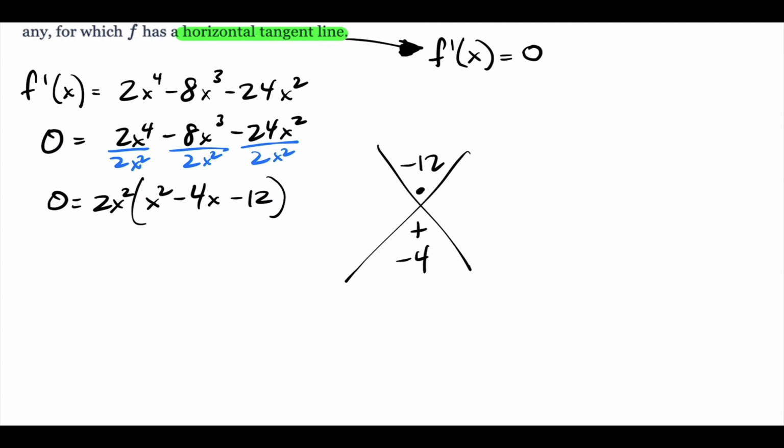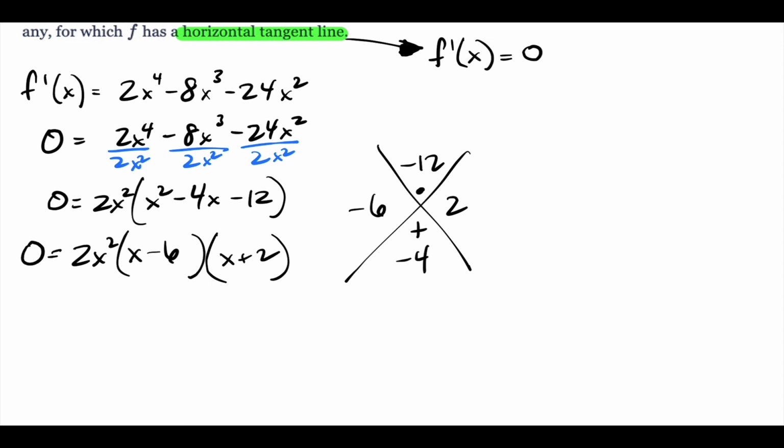You're looking for 2 numbers that multiply to -12 and add to -4. Let's see, what would that be? 6 and 2. One of them has to be negative though, so -6. So you get x minus 6, x plus 2, equals 0.